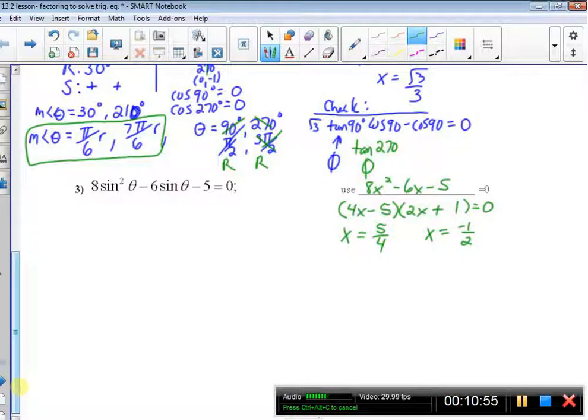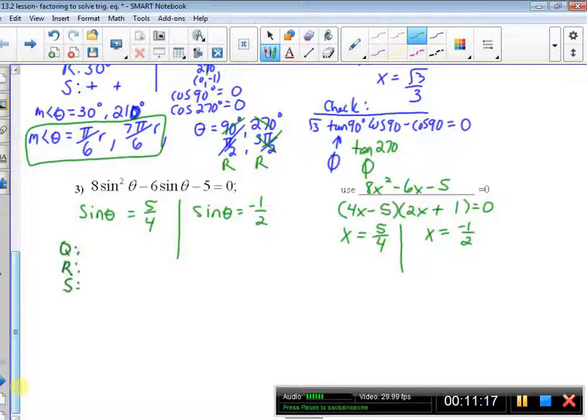So now I need to go back and say, all right, sine theta equals 5/4 and sine theta equals negative 1/2. That's what I got over there. You can't just stop at x equals. You're trying to solve these for theta. So now I'm going to, again, set up QRS. So quadrants 1 and 2 is where 5/4 is positive, so I'm looking for where sine is positive.